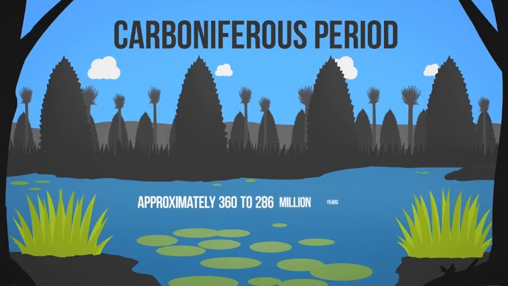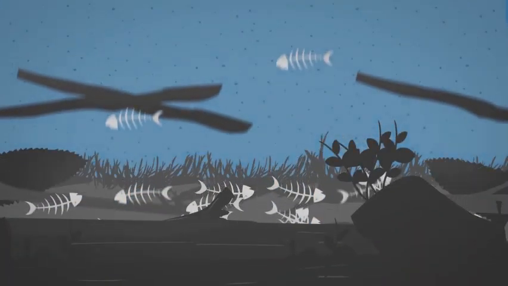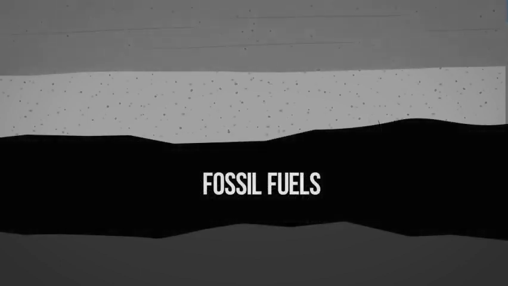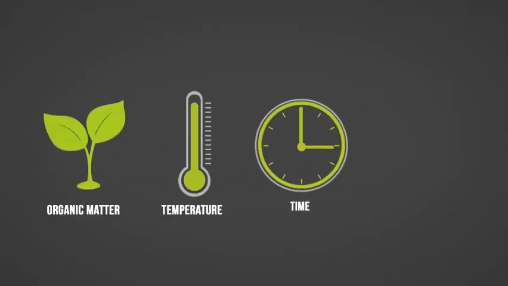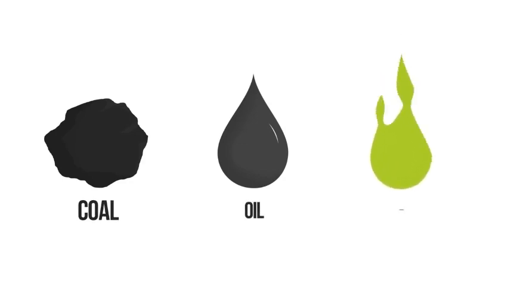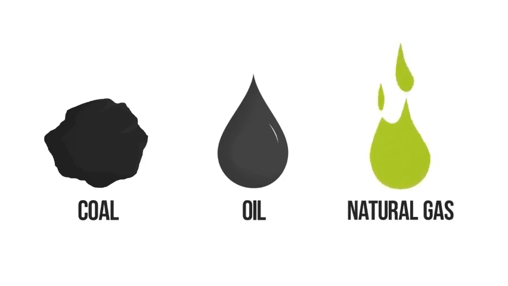The process began in the Carboniferous period, approximately 360 million years ago or more, means in the age of dinosaurs or even before, when all these animals and plants died and just sedimented, and this sediment formed the peat. So this is the peat, and this peat is actually converted to different fossil fuels depending on organic matter, temperature, time and pressure conditions. Now coal, oil and natural gas are the three main products.